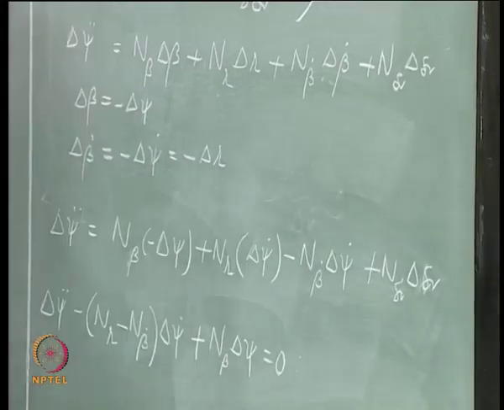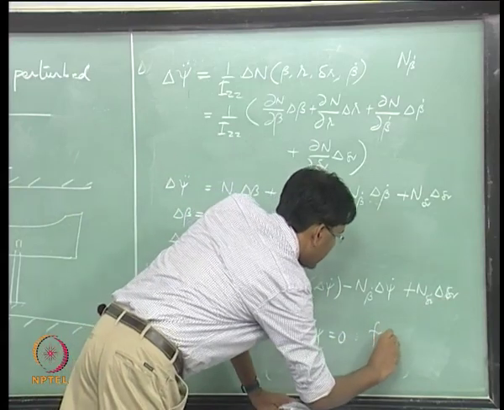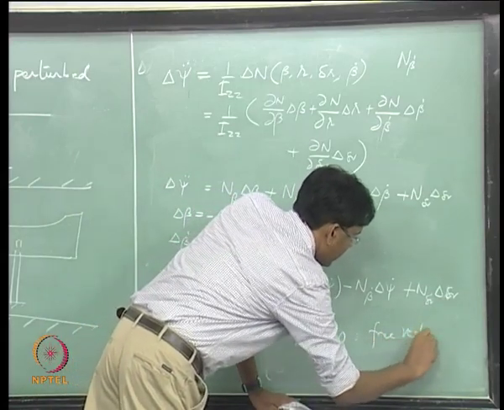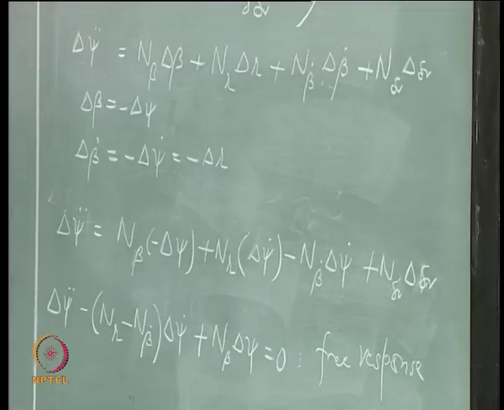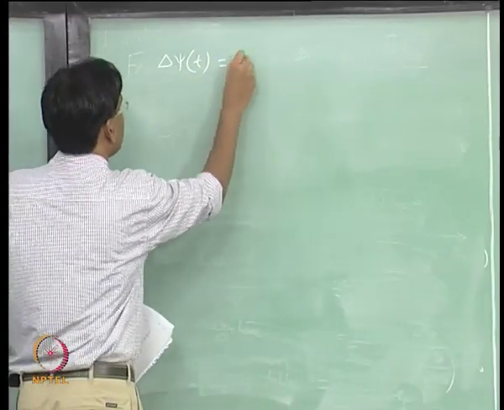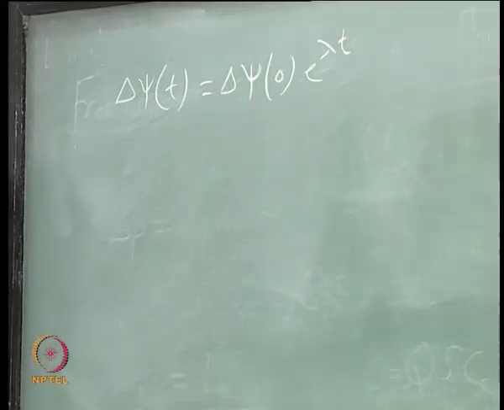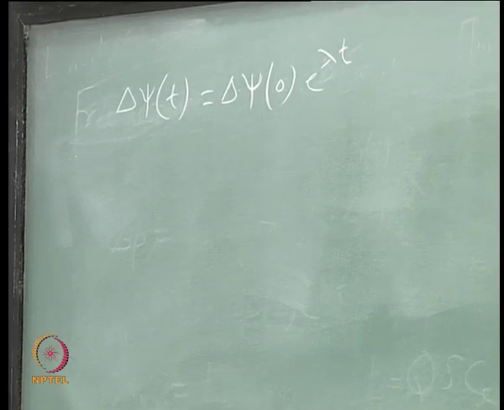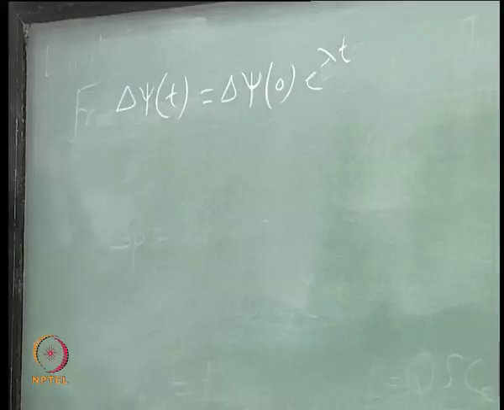Okay. So, I am setting this delta r to be 0 to look at the free response. Now, again I can assume a form of solution which is a general form, and that will result into a quadratic equation in lambda, and we can find out what is the frequency and damping of this motion.